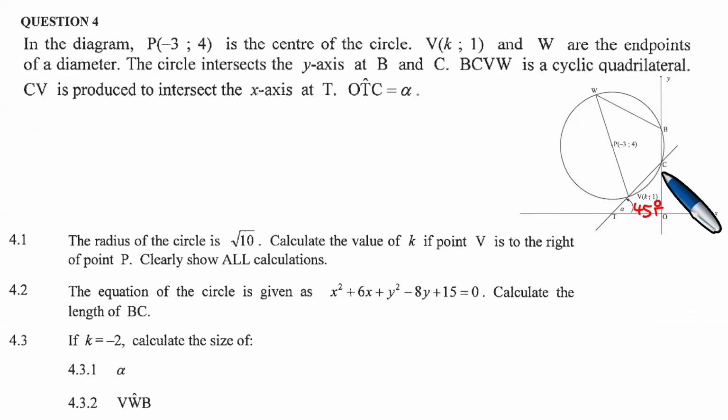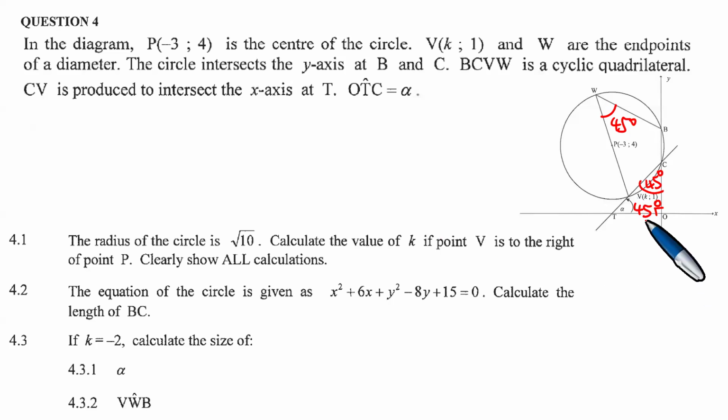In this triangle, the sum of all the angles must be 180 degrees. So 90 here, 45 and 45. 45 plus 45 degrees is 90 degrees. This one here is equal to this angle there, so this one is also 45 degrees.